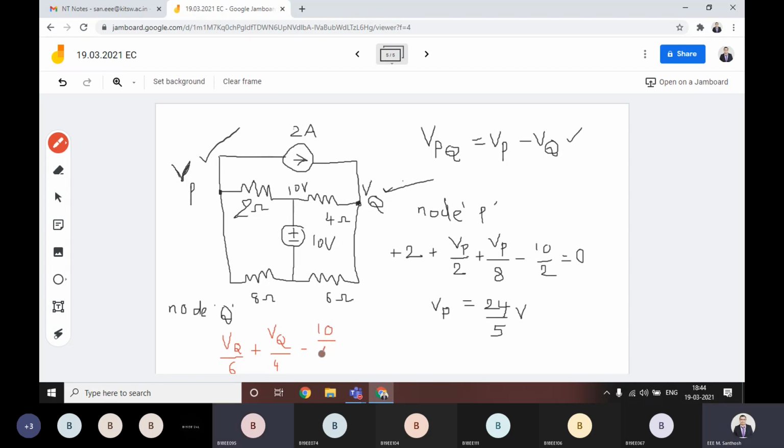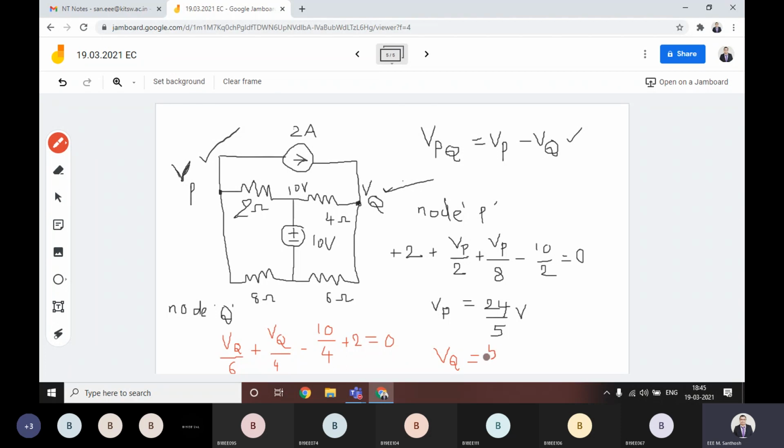6 volts, sir. Minus 6 volts. Minus 6 is the correct answer. Then another one is this 2 equal to 0. And from this you will get the value of VQ.